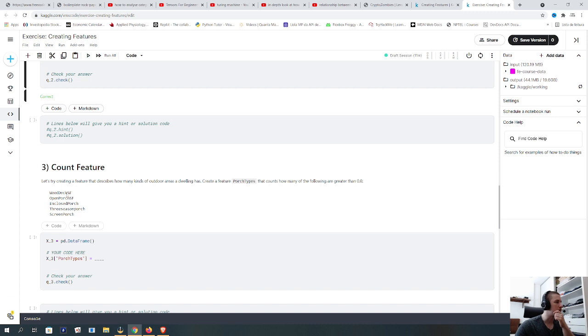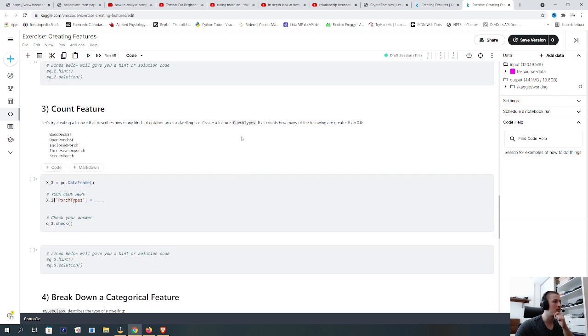Count feature. Let's try creating a feature that describes how many kinds of outdoor areas a dwelling has. Create a feature porch types that counts how many of the following are greater than 0. So that's the transform thing. Or the GD.